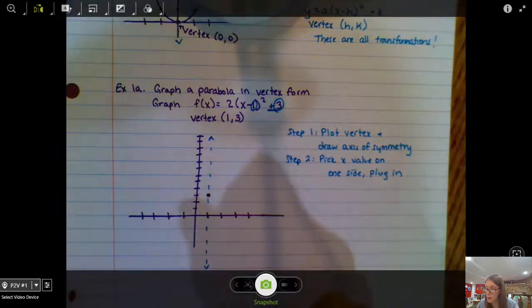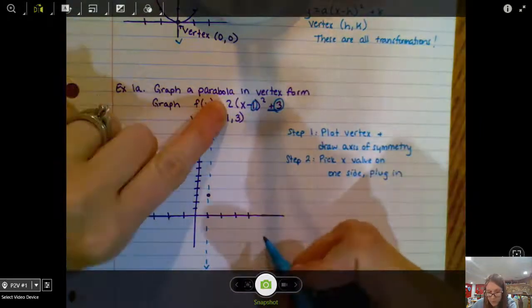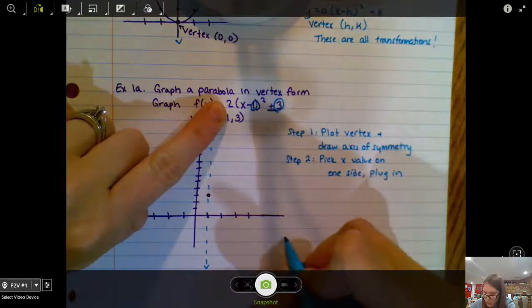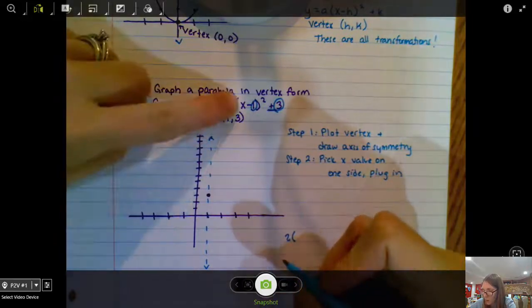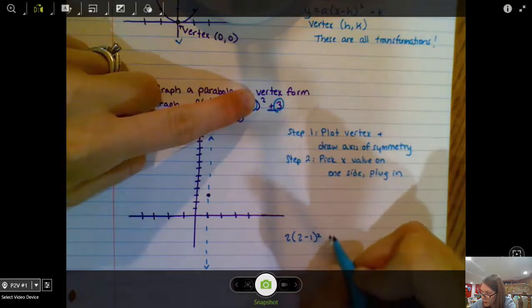Again, x equals 2 is probably an easy value to plug in. So look at our equation. We'll take 2 times, we want x to be 2, 2 minus 1 squared plus 3.